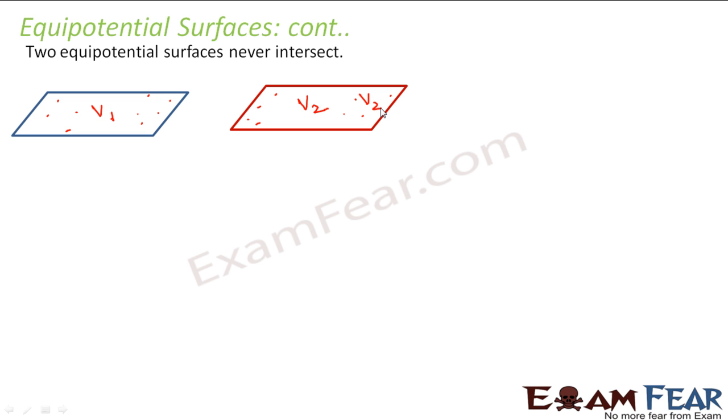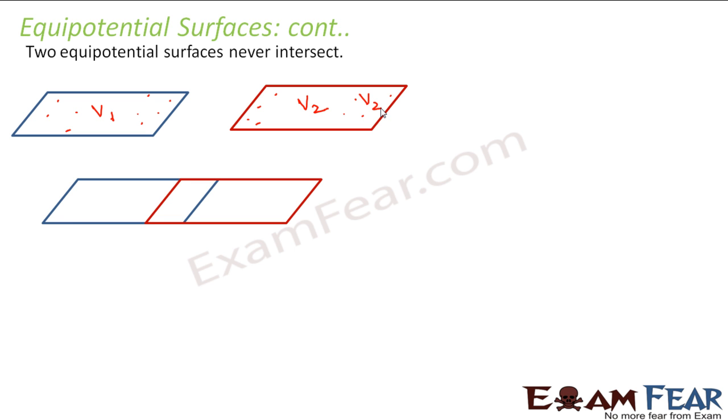Now, let us assume that these two surfaces intersect. If they intersect, it would be something like this. So this particular region will be common to both. What would be the potential at this intersecting surface? Because this will have V1, this will have V2. So this surface will have both the values of potential, that is V1 as well as V2.